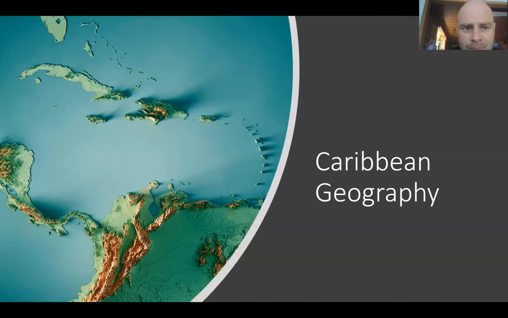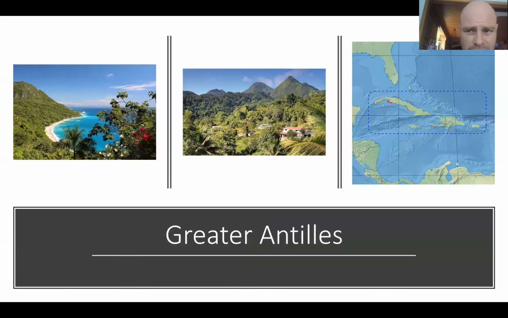So when we talk about the Caribbean, it's an island chain. It's really made up of two major parts. There's the larger islands, which are kind of more continental. They're on a plate, I believe. These are called the Greater Antilles. So we're talking about Puerto Rico, Hispaniola, which is the Dominican Republic and Haiti, Cuba and Jamaica.